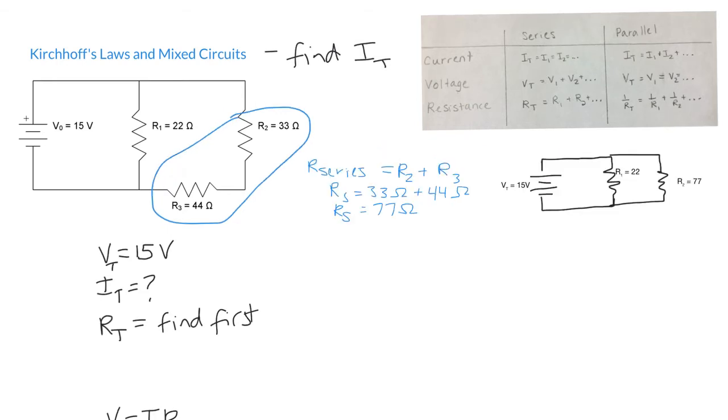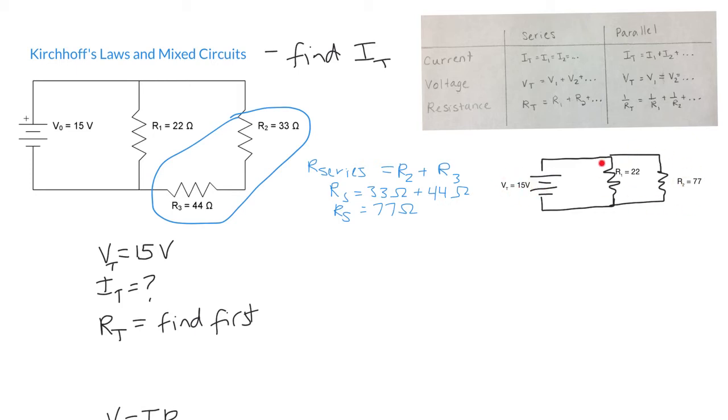Now I found that resistance of these two, and I could write that as one resistor of 77 ohms. I'd still have this first resistor here as 22 ohms, and I still have my voltage. We sometimes call that the voltage supply, the total voltage, or V0. Either of those is fine.